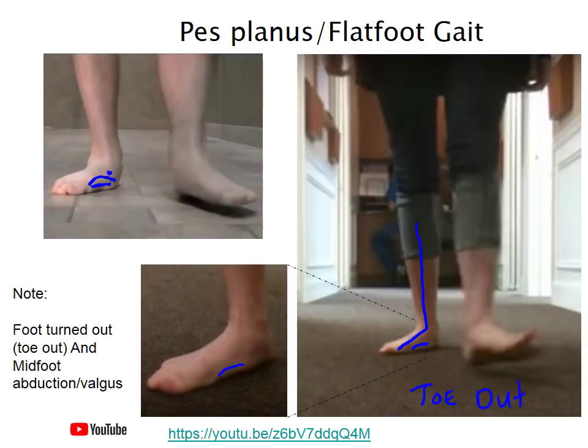So they're toeing out. You can imagine where that rotation might come from. Their kneecap is most likely pointed outwards a bit, and so we're actually getting hip external rotation in this individual on both sides throughout their gait cycle.